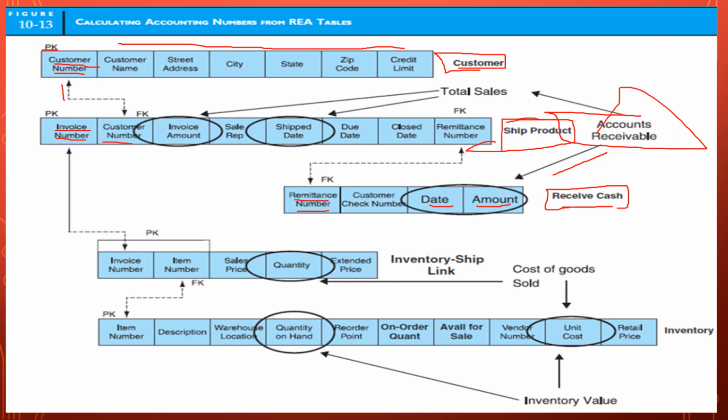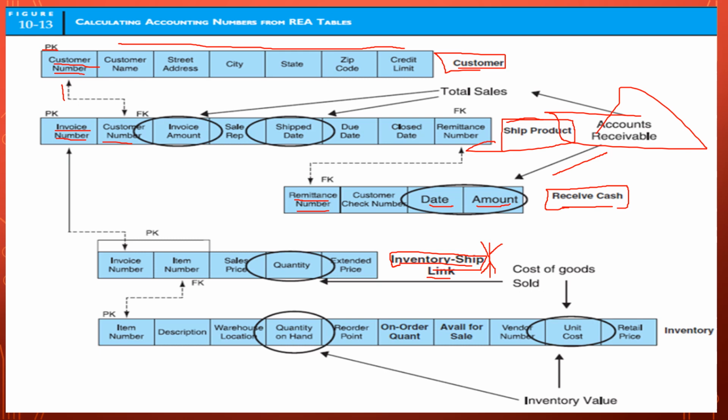Okay, and then also we have the inventory ship link. This is in case we have many to many relations. In order to normalize this issue, we apply this technique. Then we have the link table, inventory and ship.